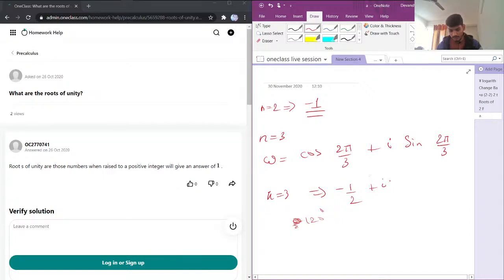So this will be I times root 3 by 2, or we can also write this as negative of 1 plus I times root 3 over 2. So these are the first three roots of unity.